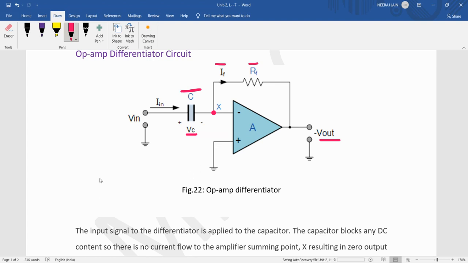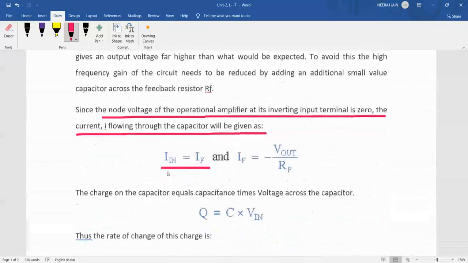Now the current In will be equal to If using Kirchhoff's current law. In is coming from here, and we are giving it to the output, that is the If. So In is equal to If, and how do we calculate If?